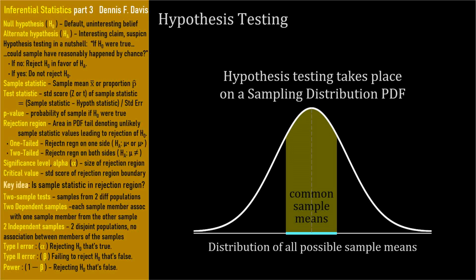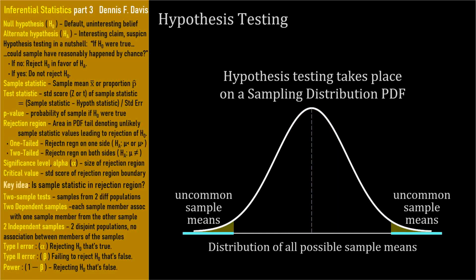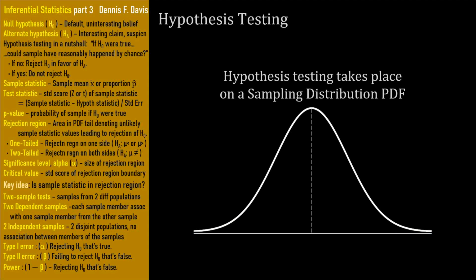Sample means in the center, near the population mean, are relatively common, and sample means out in the tails are relatively rare. All of our numbers, reasoning, and logic will take place on this diagram. If you can see how everything I explain fits here, you'll have an easy time with hypothesis testing. We'll add information to the PDF as we proceed. But please know, this is the key diagram to understanding everything.